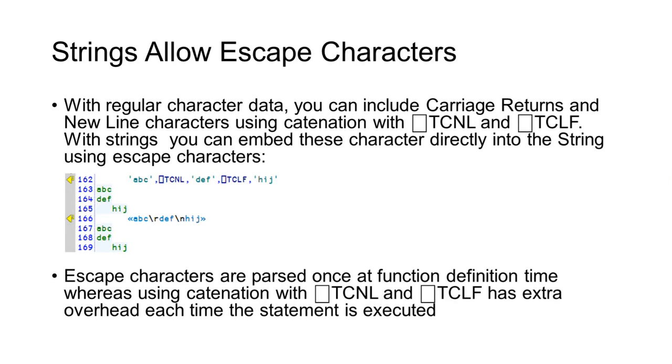But in virtually all other programming contexts, the backslash r and the backslash n are return and new line. So the names that we use for our TC variables, quad TCNL and quad TCLF, are a little backwards, but the mapping is as I show between 162 and 166 there.